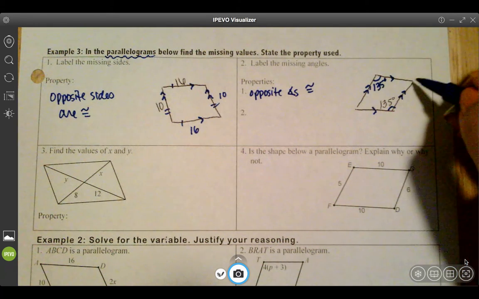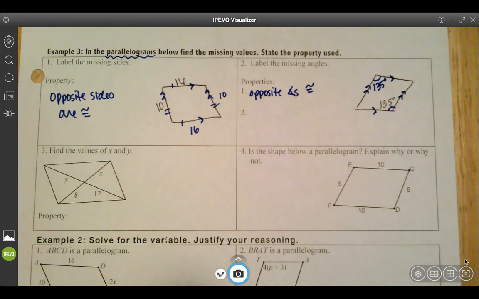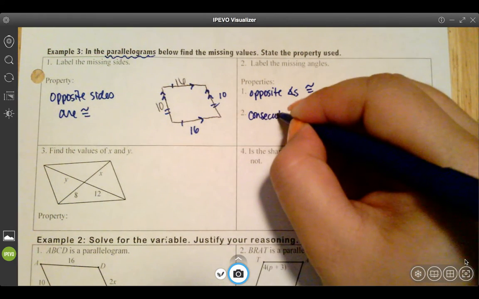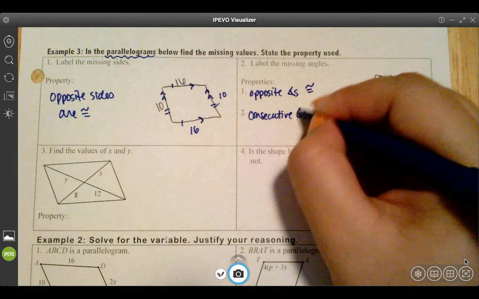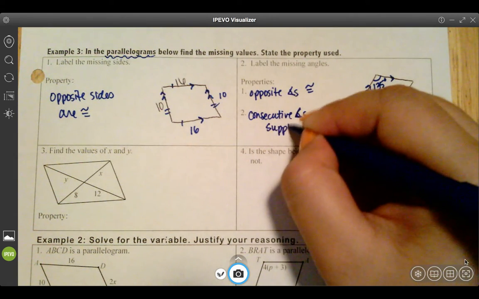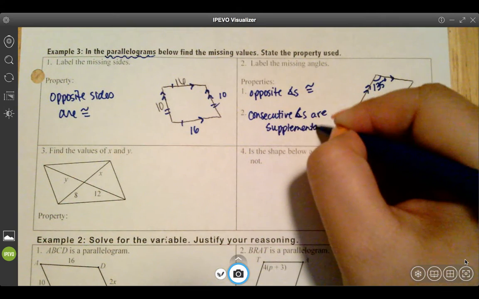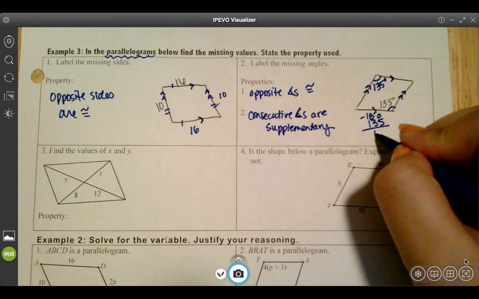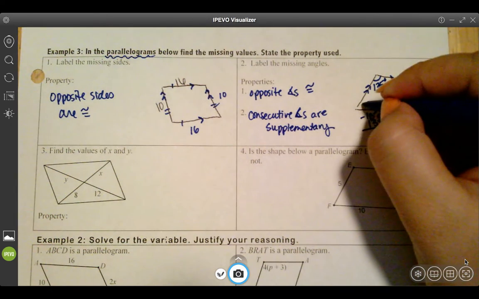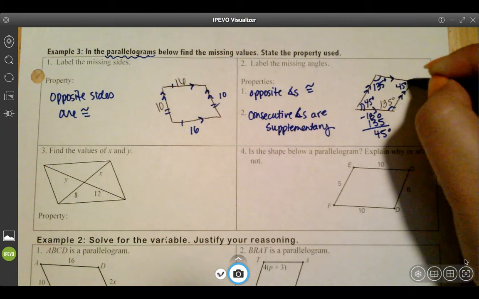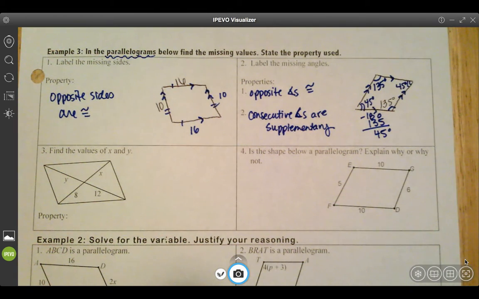But to get these other angles, we have to use a different property, which is that consecutive angles are supplementary. And so we need 135 subtracted from 180 to get 45 degrees. So that's 45 degrees, and this is 45 degrees. And now we have all four angles.